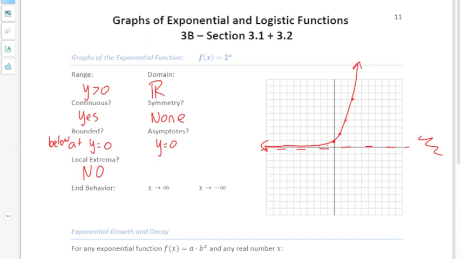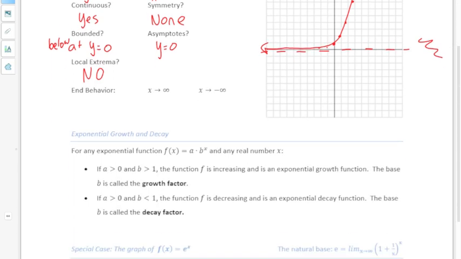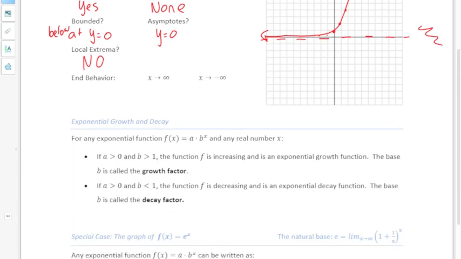Now for the end behavior, we have to kind of think about this. All right, so let me scroll up a little bit here. One of the things that we could do when we have x approaching infinity, we can actually just kind of plug it in and see what happens. So if I do 2 to the infinite power, that's a big number. That's just basically infinity. So I know that y is going to go towards infinity.